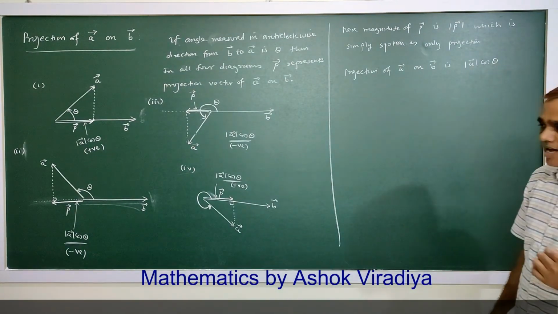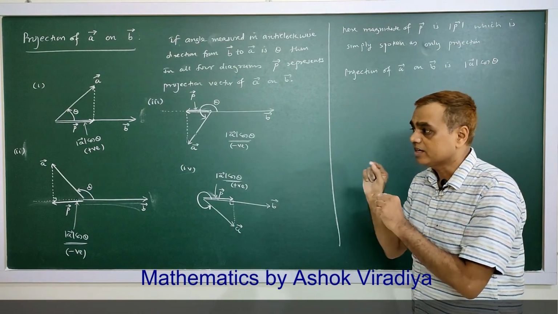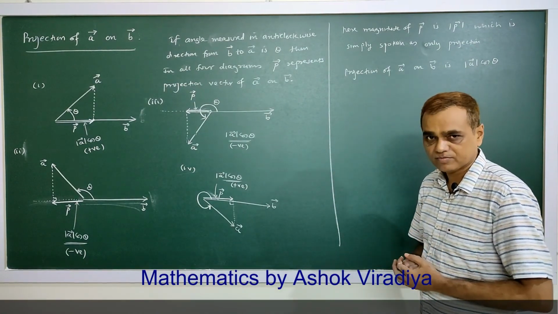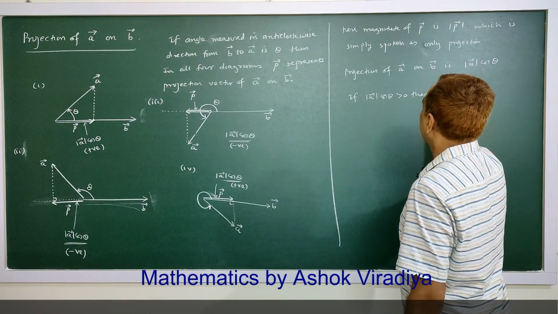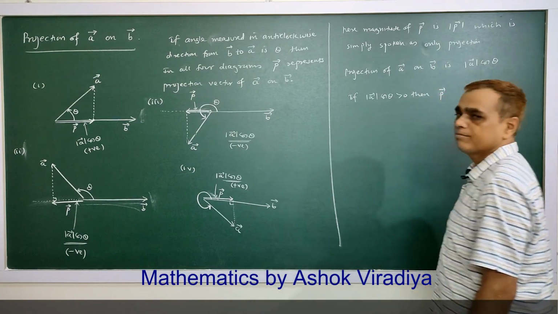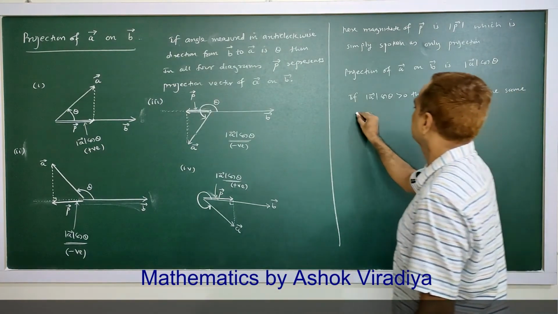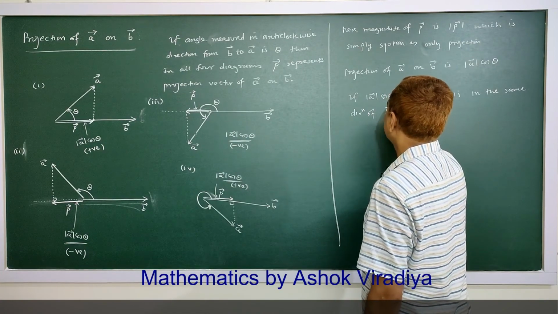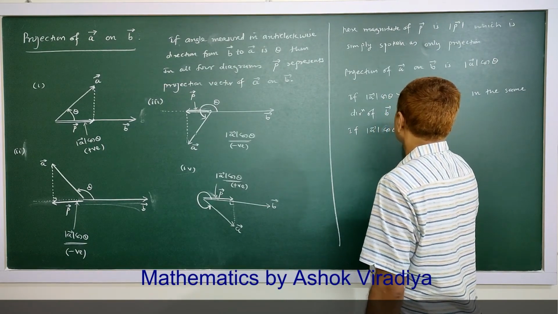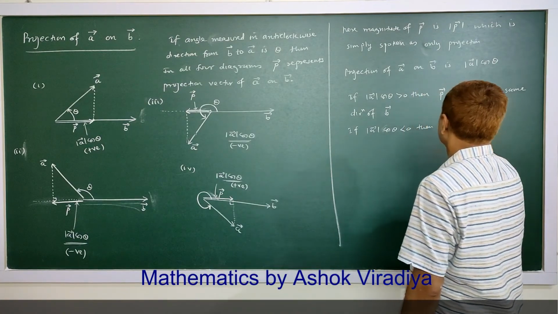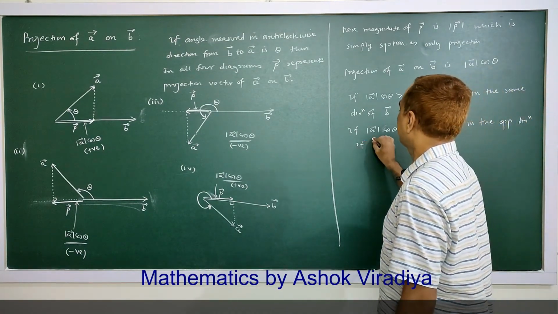If it is positive, then the projection vector is along vector B, and if this value is negative, that means the vector is in the opposite direction of B bar.